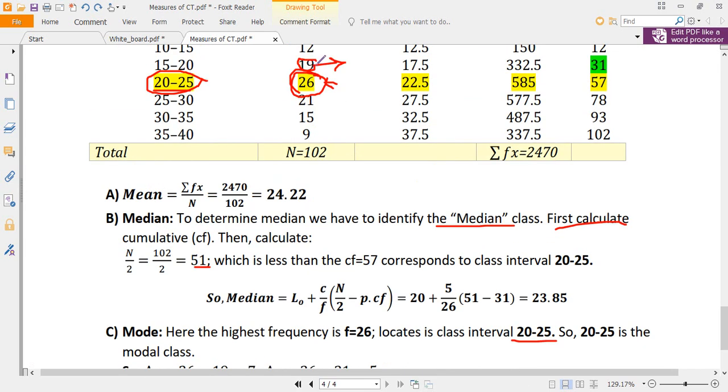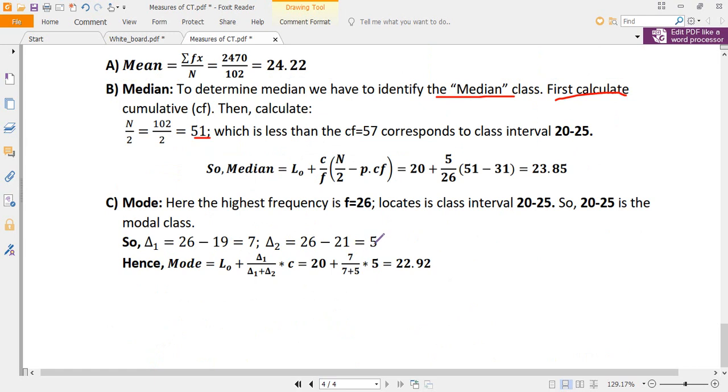Delta 2 is the difference between the modal class and post-modal class frequencies, that is the class after the modal class, whose frequency is 21. So delta 2 is 26 minus 21, which is 5.